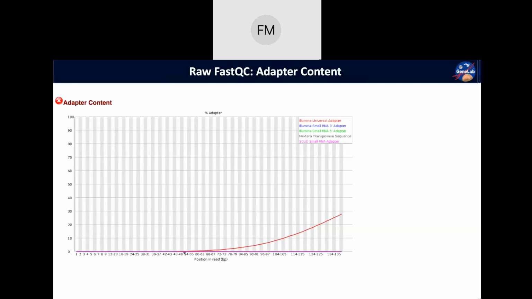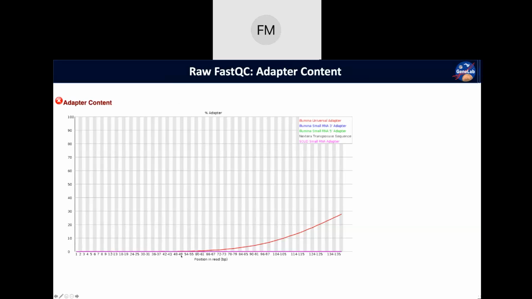So that could happen if we have a really, really short insert or a primer dimer, or adapter dimer, I should say, where the sequence is only an adapter, then that would be a duplicate, right? So if we have sequences that are only adapters, we would see them starting off right here. And there might be some here, some low-level ones that are only adapter dimers.